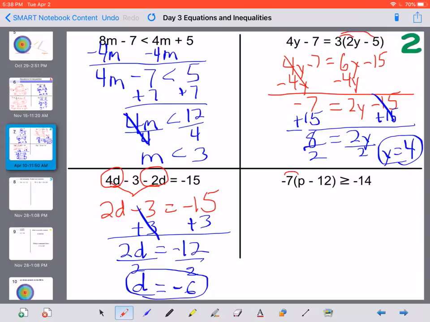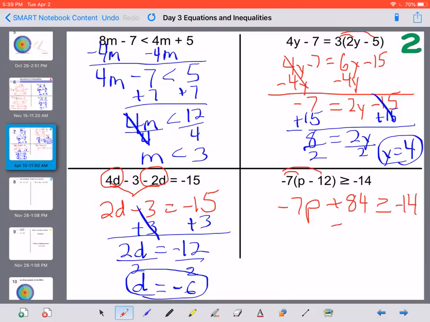Here we're distributing the negative 7. So we get negative 7p. Now a negative 7 times a negative 12 is going to give us a positive, so a plus. So 12 times 7 is going to give us 84, which is greater than or equal to negative 14.